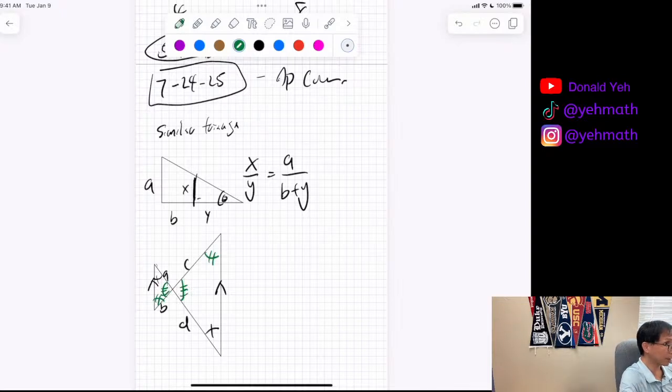That's why they are similar, but they are inverted the other way. So A over B is equal to D over C. You have to be careful when you set up your ratio, because they are inverted.